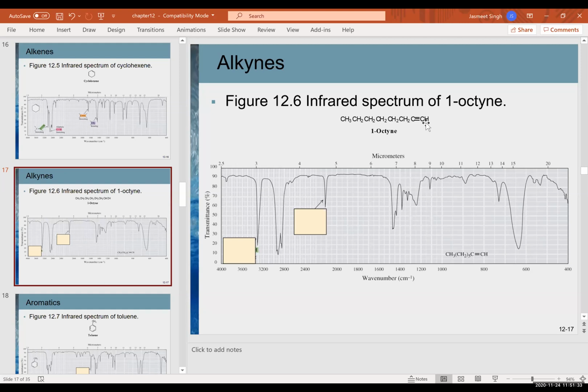In alkyne, the CH directly connected to the triple bond shows up at 3250, somewhere in that range. So this one is a characteristic stretching pattern of hydrogen connected directly to C triple bond C.